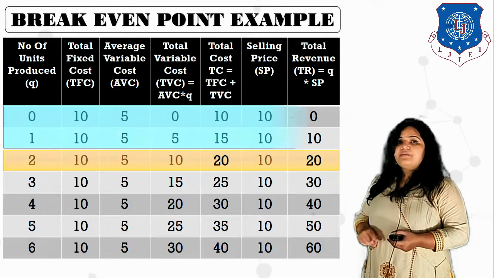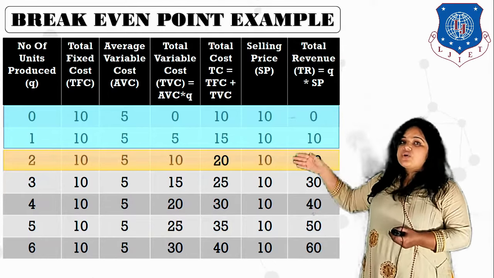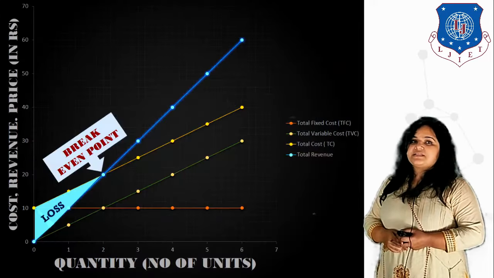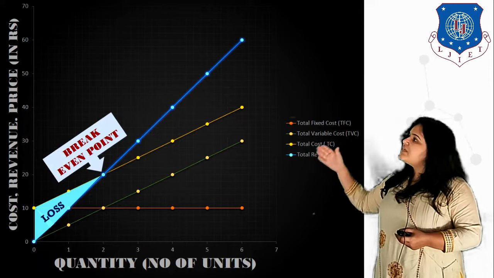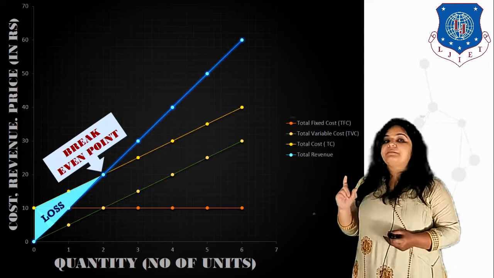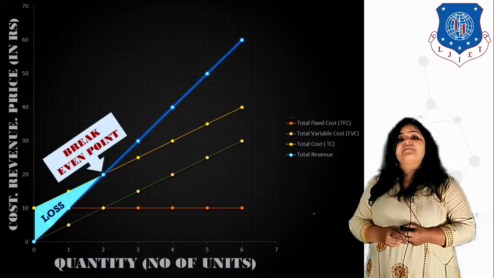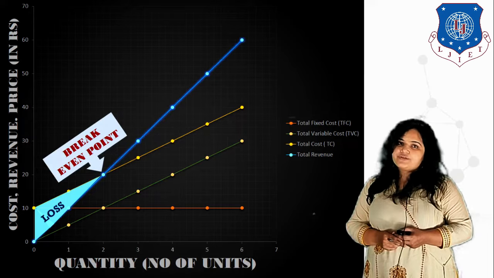So before break-even point, we have an area which showcases losses to us. In the graph, this particular area is given below the break-even point. Remember this, below the break-even point, the area of graph shows us loss.